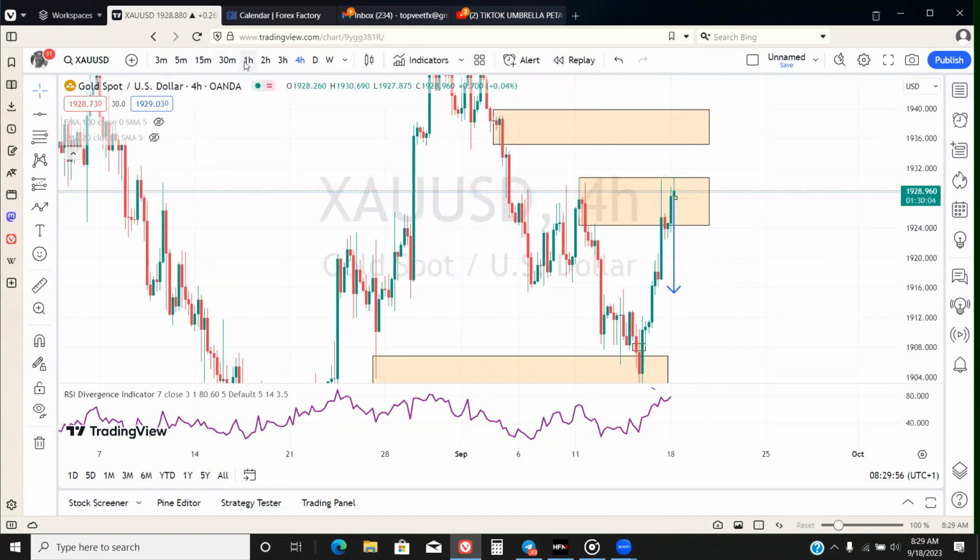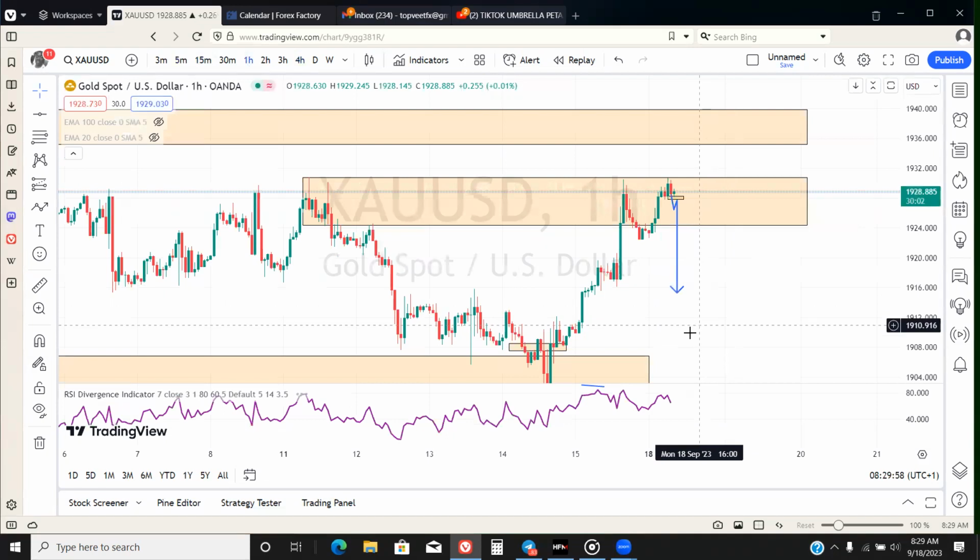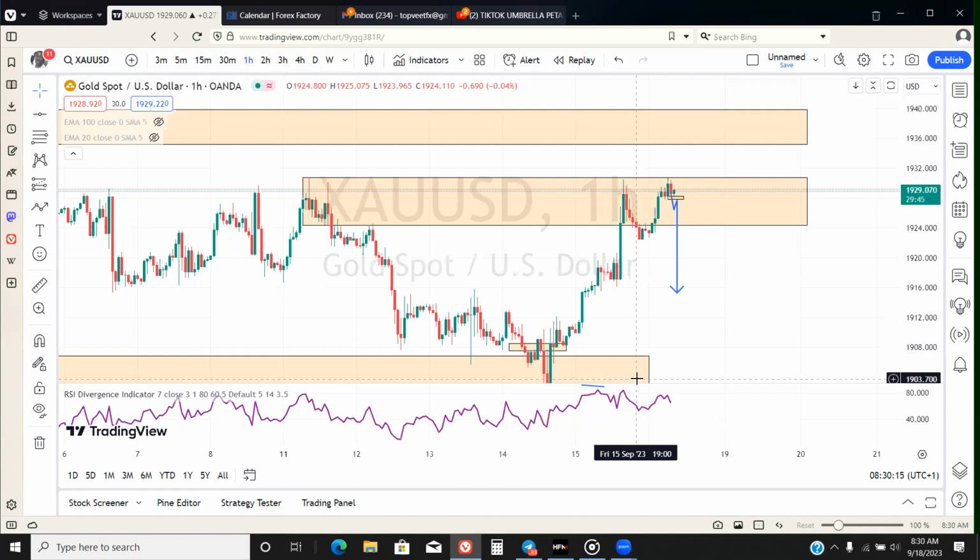But let me use the 1 hour to help us this morning. Our first TP should be at 1920, then the second TP at 1910, then the third TP at 1903. Those are the areas that I'll be giving as the TPs for gold.